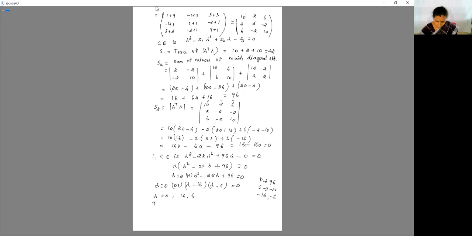To find eigenvectors, we know the eigenvector calculation is A minus lambda I times x equal to 0. Here x is a column vector consisting of 3 entries.